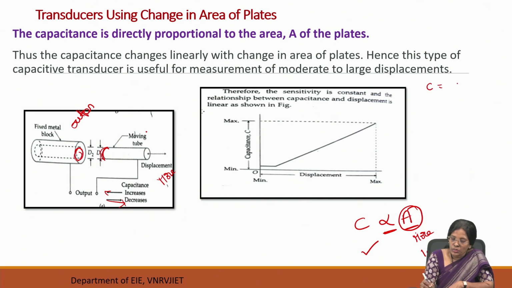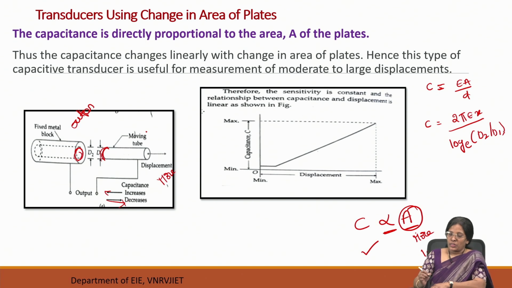The general formula is C is equal to epsilon A by D. For these two cylinders, C is equal to 2 pi epsilon x by log of d2 by d1, where x is the length of the overlapping area.